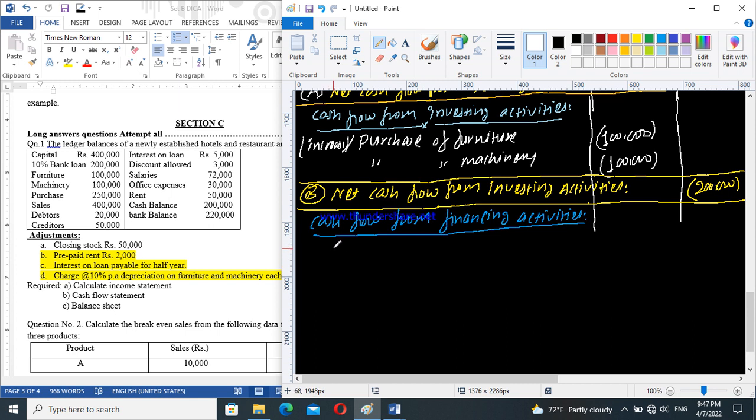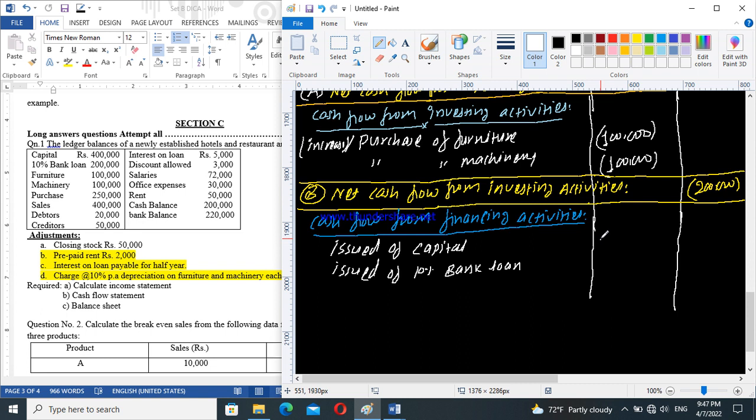It means that we need to write issue of share capital, issue of 10% bank loan. The amount write down over here 4 lakh and 2 lakh. Always capital and liabilities increases the cash inflow. It means that the amount is collected from our investors.